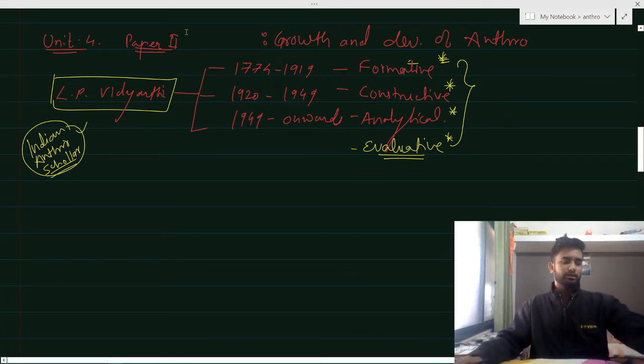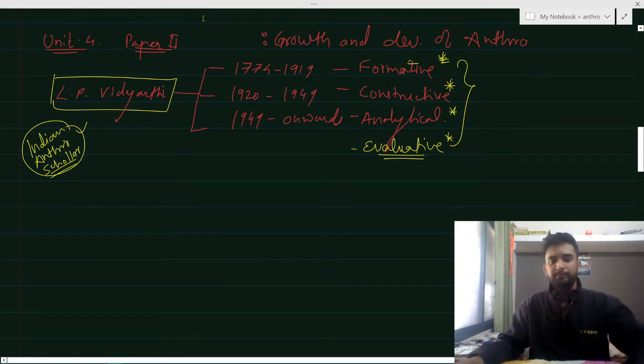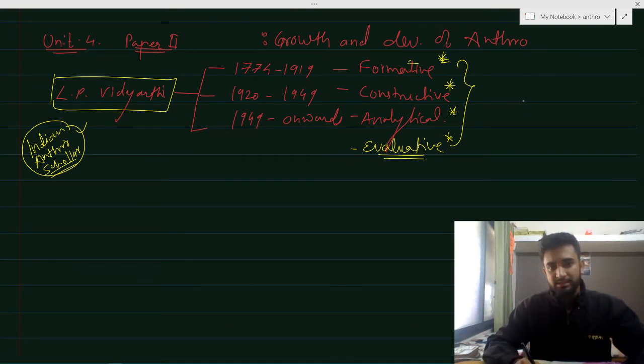So formative anthropology is mostly a phase which represents the beginning and strengthening of colonization, and this is the time when it was at its peak. We say that the disintegration definitely started after, say, the Surat incident or Bengal's partition, but in this period you can see that Britishers were still in mighty power.